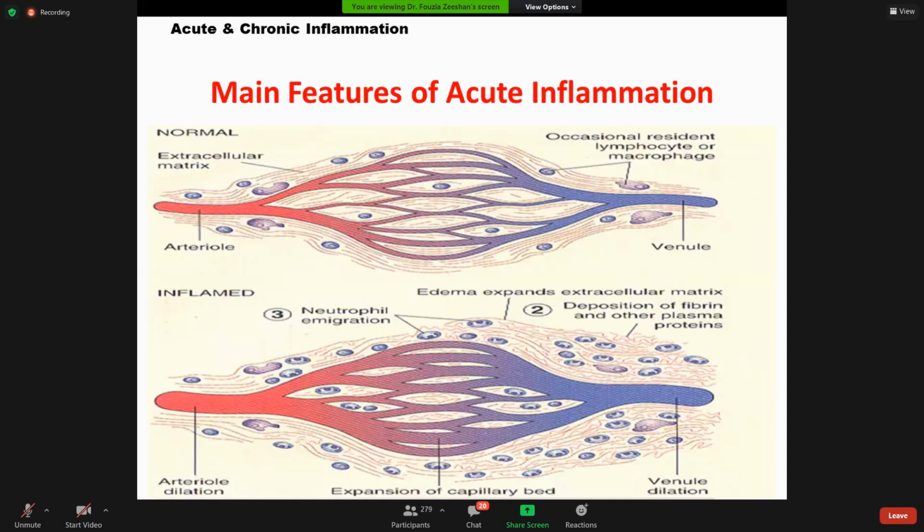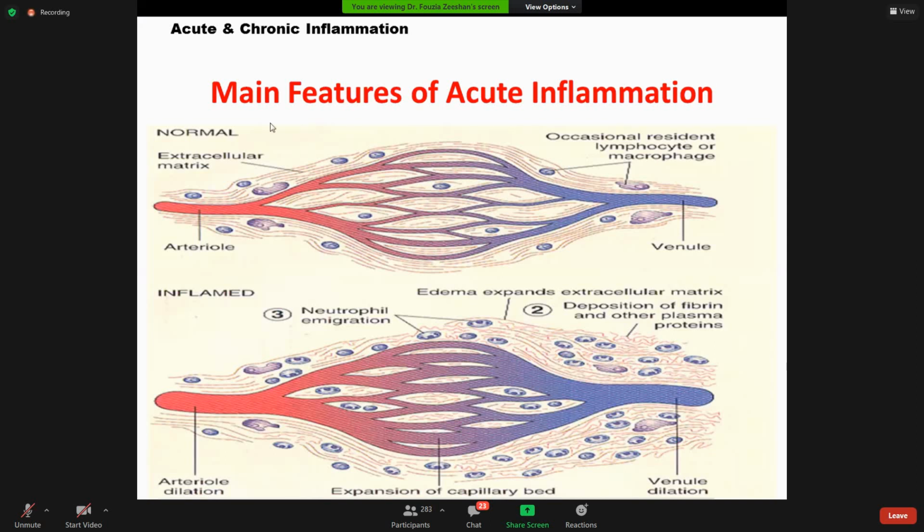The main feature of acute inflammation is an increase in permeability. The arteries and veins have increased permeability, so the cells escape from the arterioles and venules and enter into the extracellular matrix, the extracellular spaces. So that area swells up.